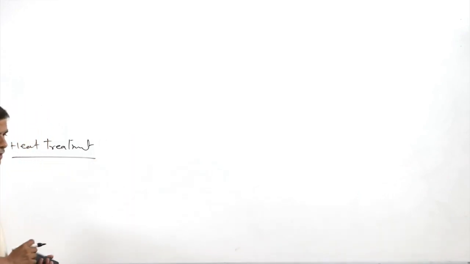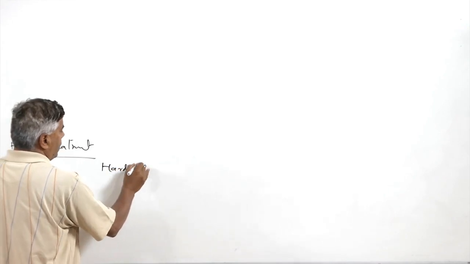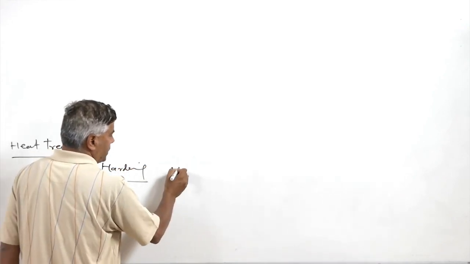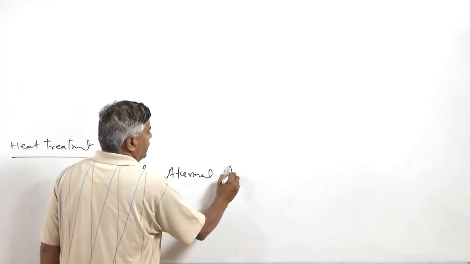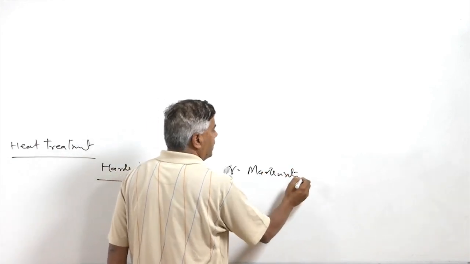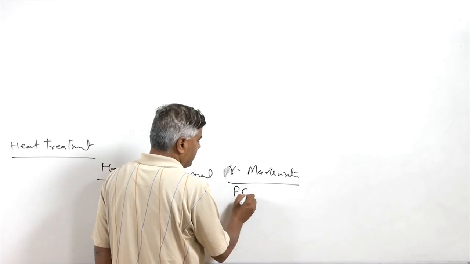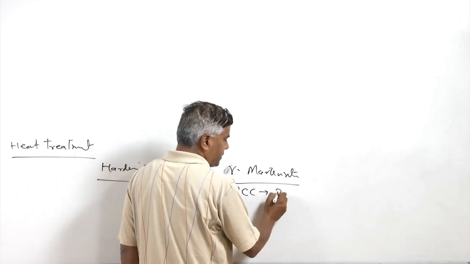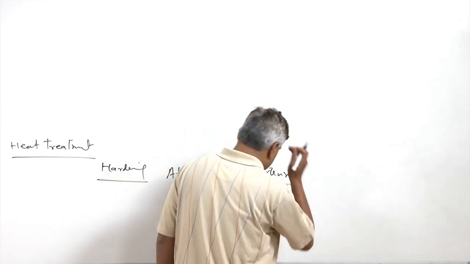Hardening or quenching is one process where a thermal transformation takes place from austenite to the martensite. This is the diffusionless transformation leading to the increase in hardness, and in this process the change in crystal structure from FCC to the BCT, body centered tetragonal structure, takes place.